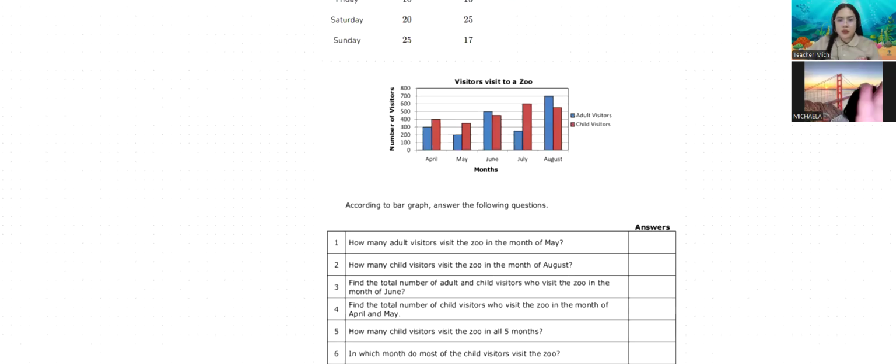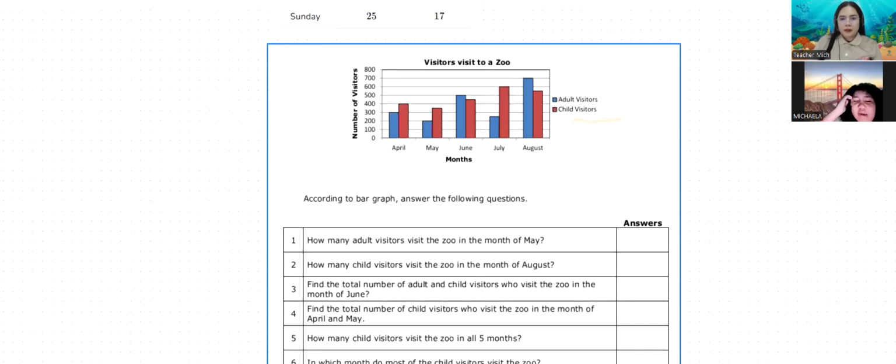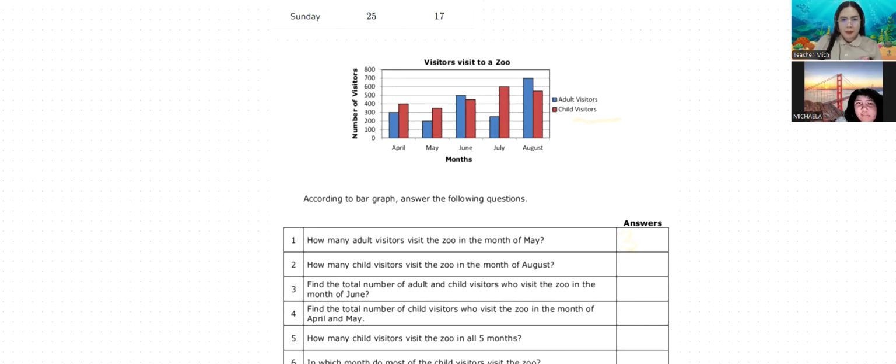Now let's try to answer the following questions. So for number 1, how many adult visitors visit the zoo in the month of May? How many? 350. Month of May, adult visitor is color blue. This is the month of May. And that is how many? Can you please look at the graph again? Oh, 400.